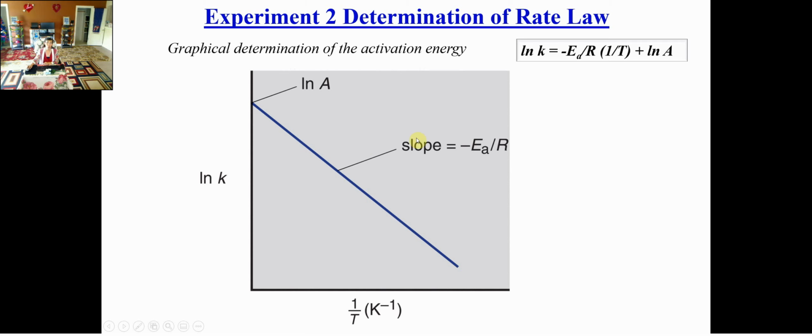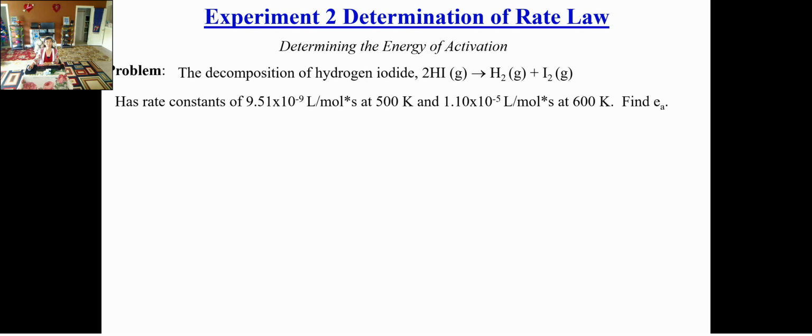Figure out the slope: slope equals negative Ea divided by R. Your y-intercept equals ln A. From there, you can determine the constant value A, and also your activation energy Ea. This R is called the ideal gas constant, which is 8.314 joules per mole per Kelvin. So that's how you are going to determine the activation energy.